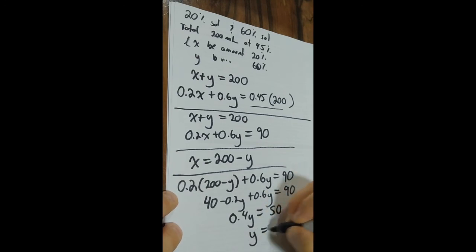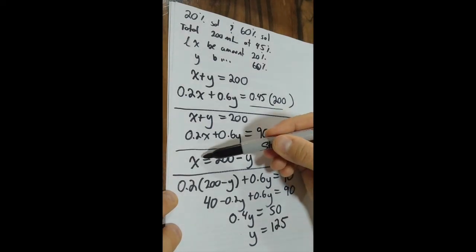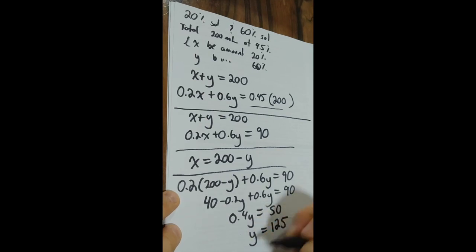So Y is equal to 125. That Y represented the amount of 60% alcohol that needs to be mixed in. Going back to X, X equals 200 minus 125, which gives us 75 mL.